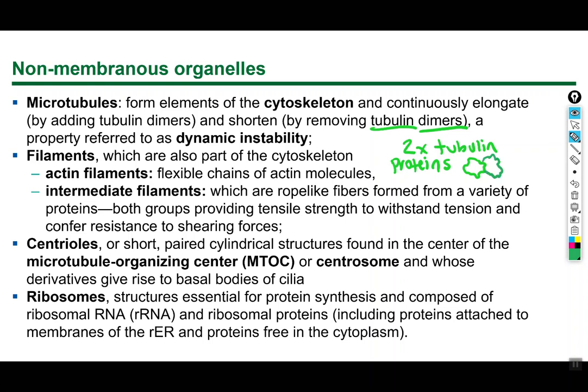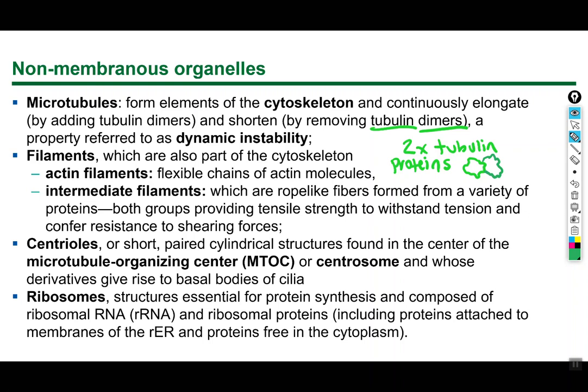So these glob-like proteins form dimers, and then these dimers spontaneously and very rapidly, I might add, polymerize and depolymerize inside of the cell to form pathways for transport, and also in some cases to move the cell along.